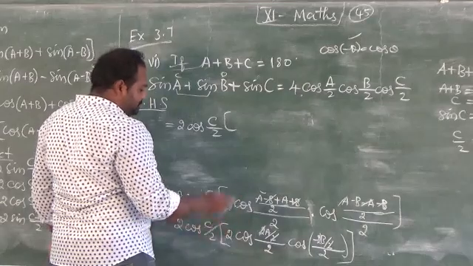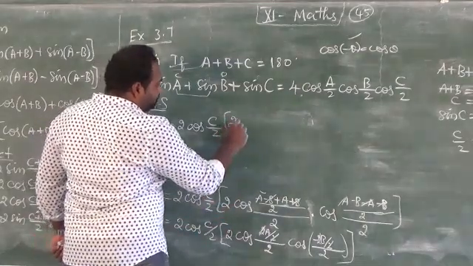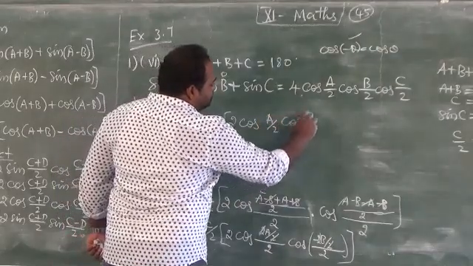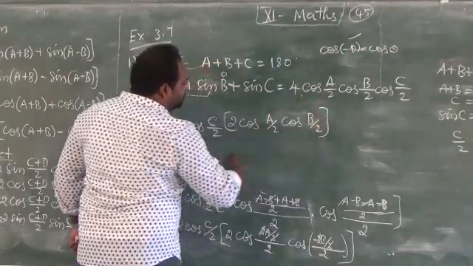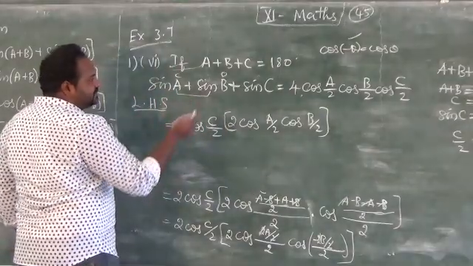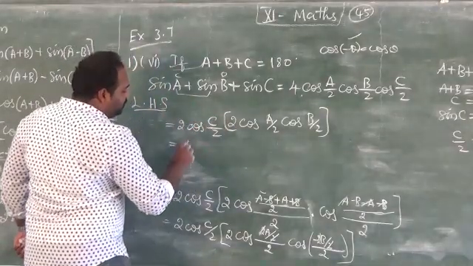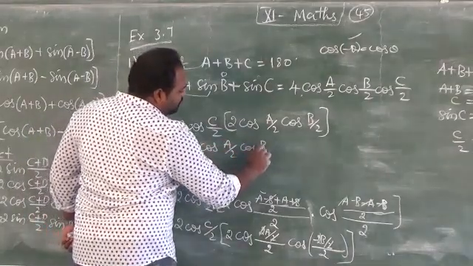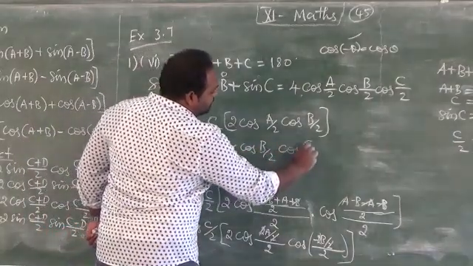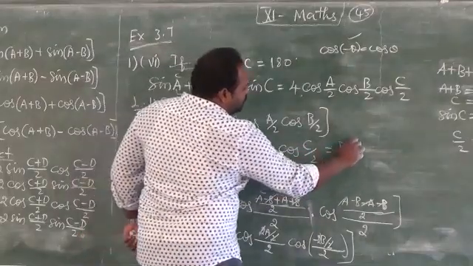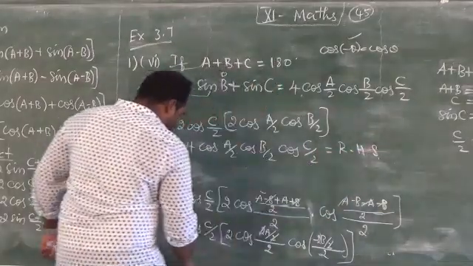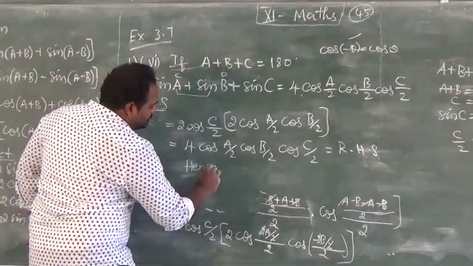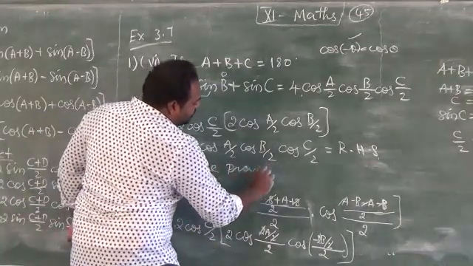So here 2 into cos(a/2) and cos(b/2). Rearrange the terms according to the answer: 2 into 2, 4 cos(a/2) cos(b/2) cos(c/2) equal to the RHS. Hence proved. So by this we can prove this.